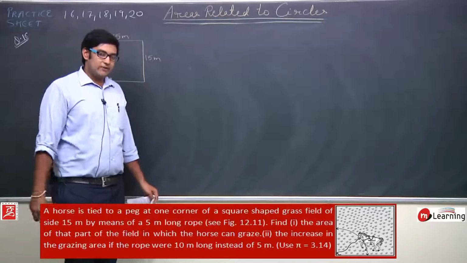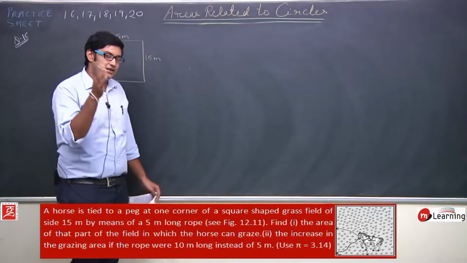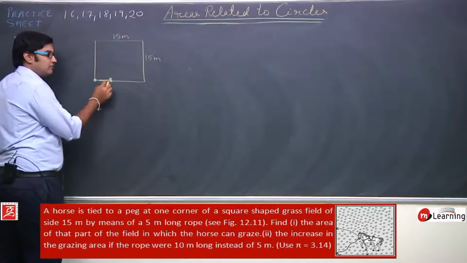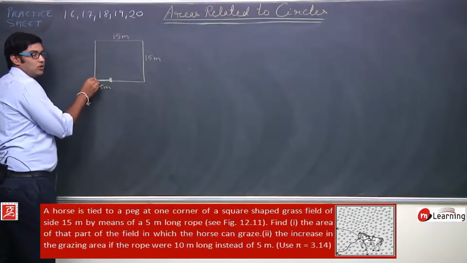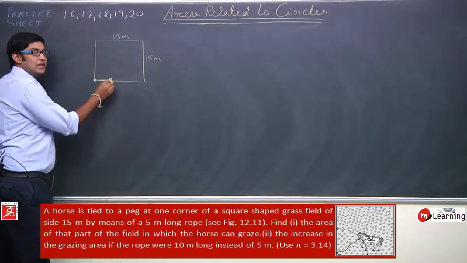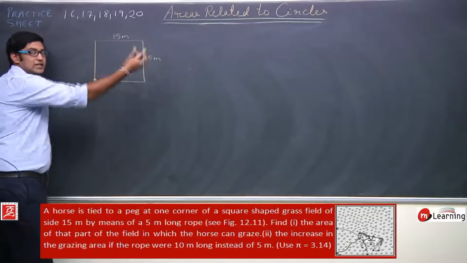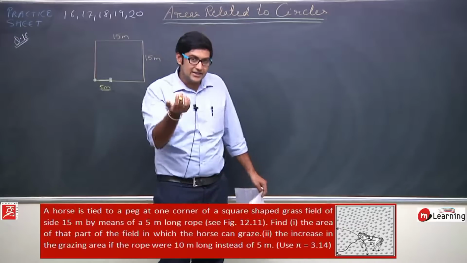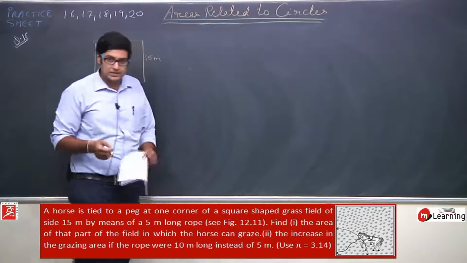So I can deduce that the horse can at max go 5 meter away from this particular pole. The maximum distance the horse can travel from this pole is 5 meter only, because the length of the rope on his neck is 5 meters.